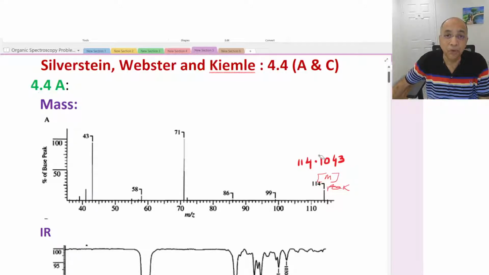If you have bromine, chlorine, sulfur, which have an appreciable percentage of the M+2 peak, chlorine in the ratio 3:1, bromine 1:1, of course, sulfur is a bit less, 4.4% is the M+2 peak compared to 96.4%, or 6%.